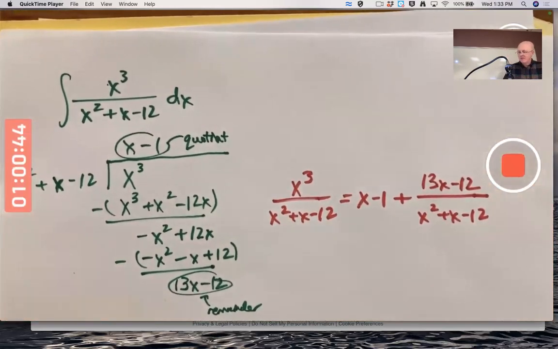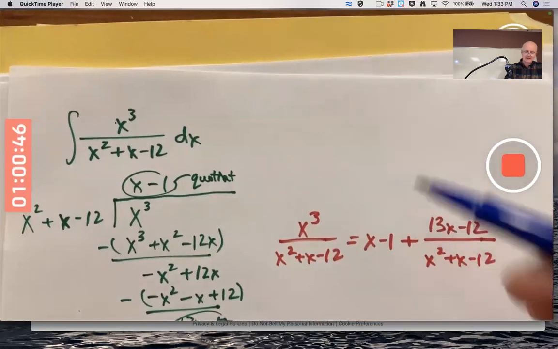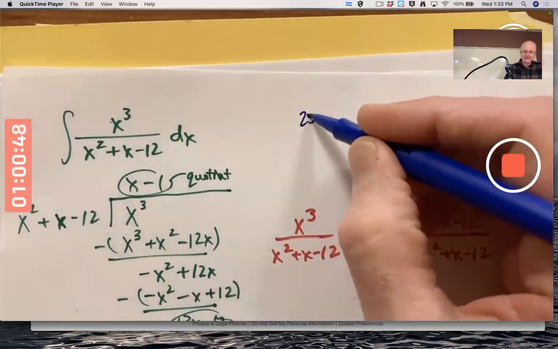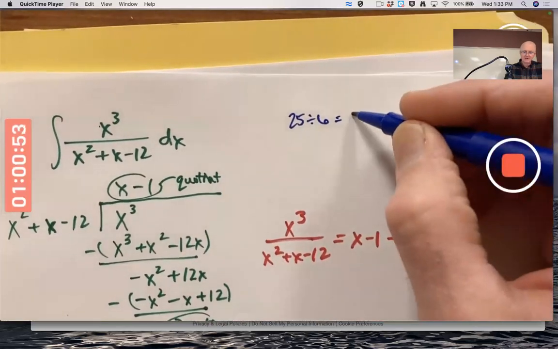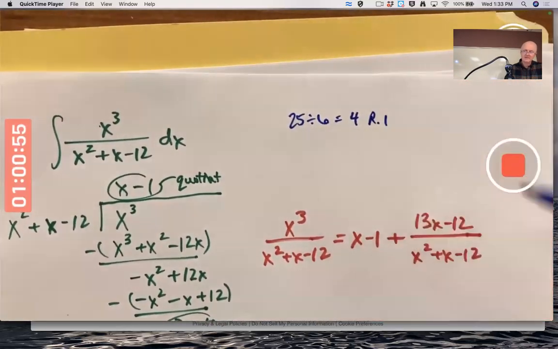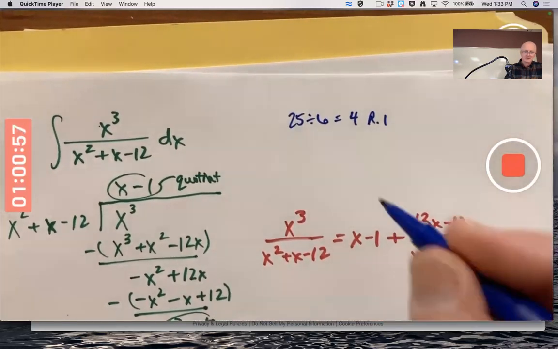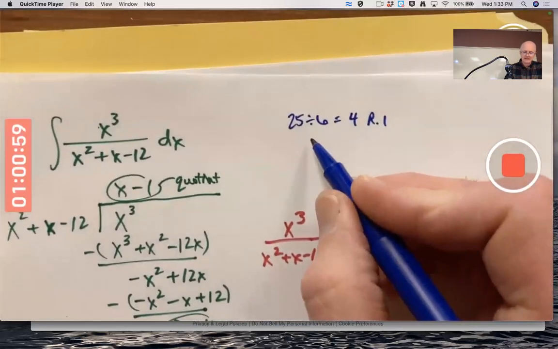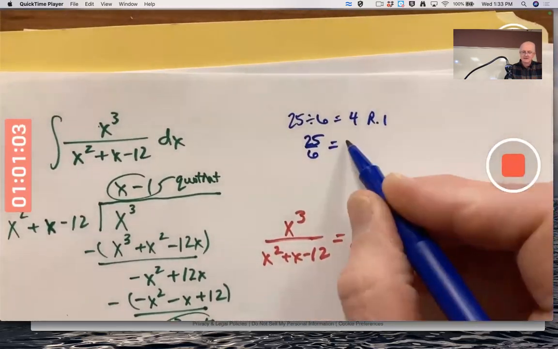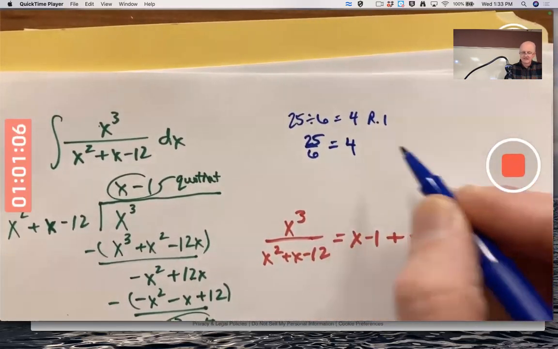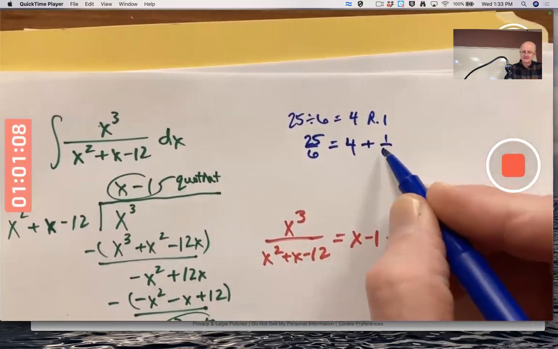The analogy with numbers works like this. If I, for example, am doing 25 divided by 6, you learned in 4th grade that the quotient is 4 and the remainder is 1. What does that mean? It means 25/6 as a fraction is 4 1/6, because it's 4 plus 1/6.